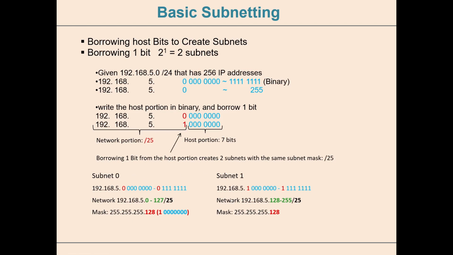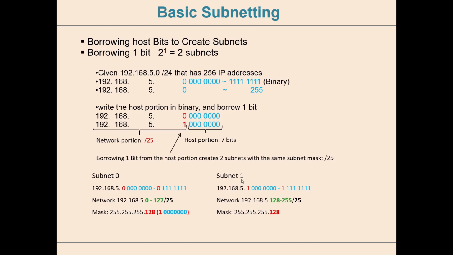When the borrowed bit takes binary 1, the following 7 host bits start over again from all 0s. That gives us the decimal number 128. When the 7 host bits go up to the highest value, all ones, that is 255.